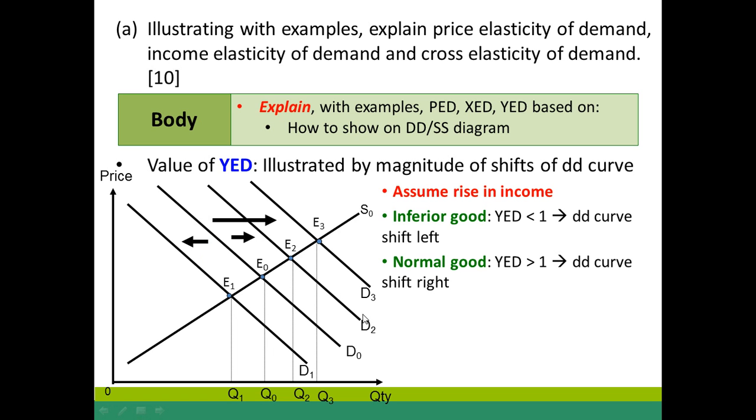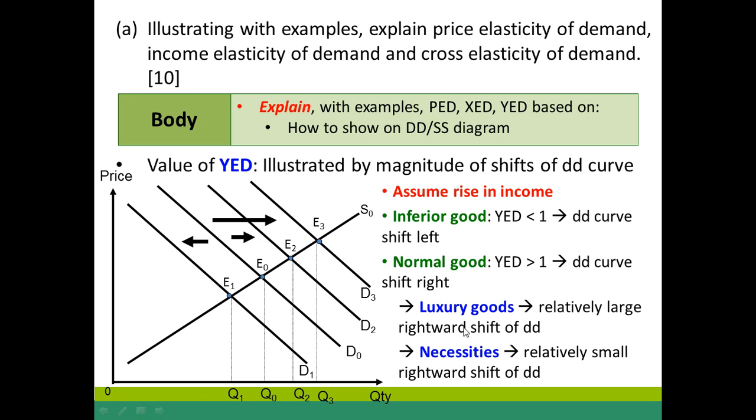So D2 and D3 are demand curves for goods that are normal. Okay, but we make a distinction here, and if it's a luxury good, then it would see a greater shift rightwards of the demand curve when there is a rise in income. Okay, because the demand for these goods is highly responsive to a change in income.